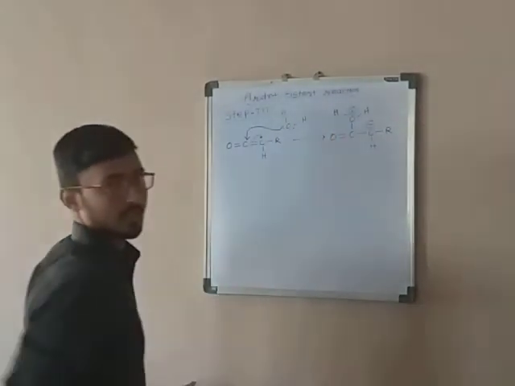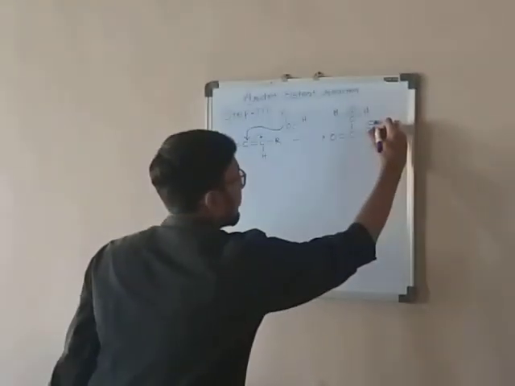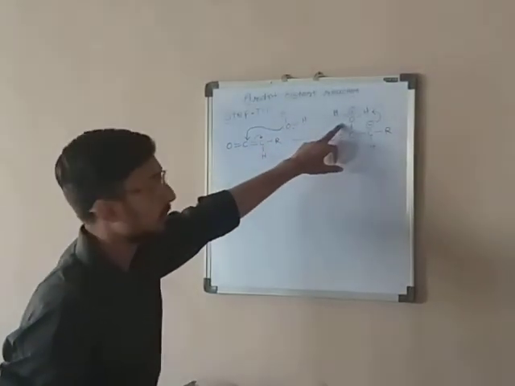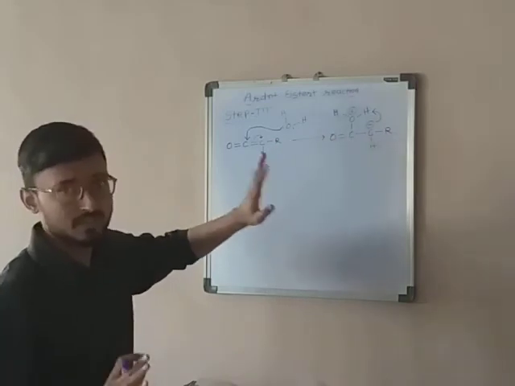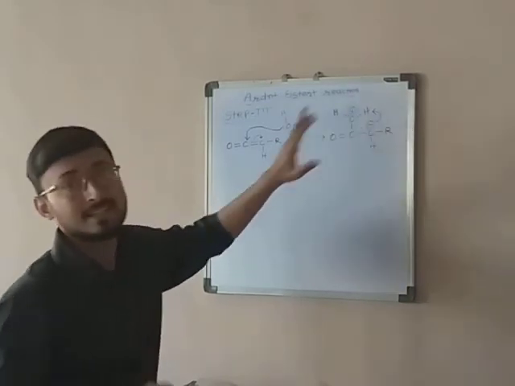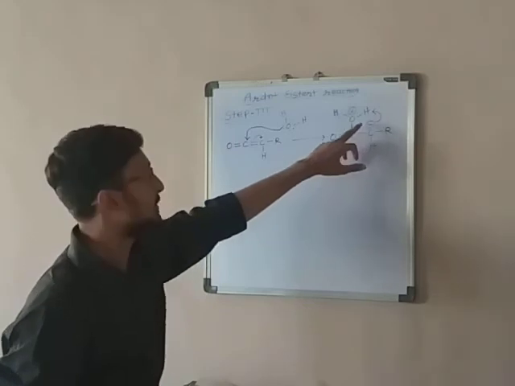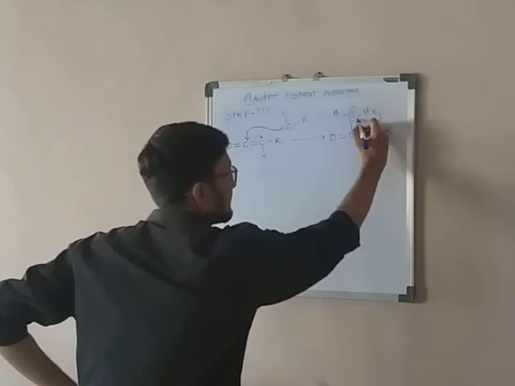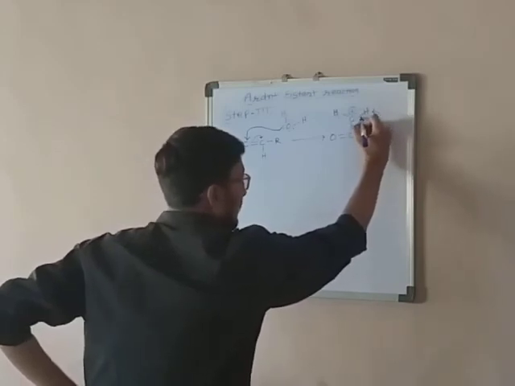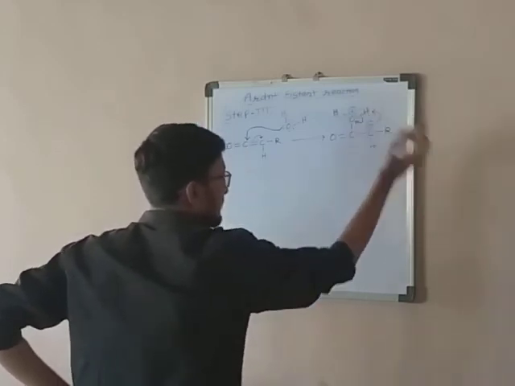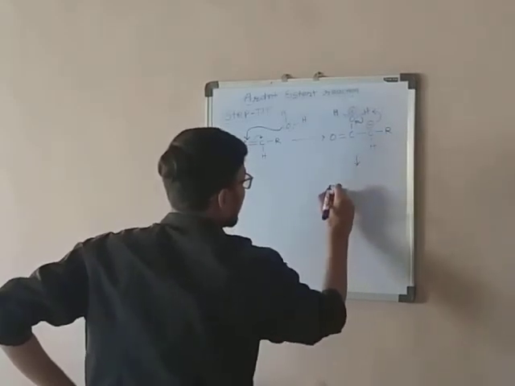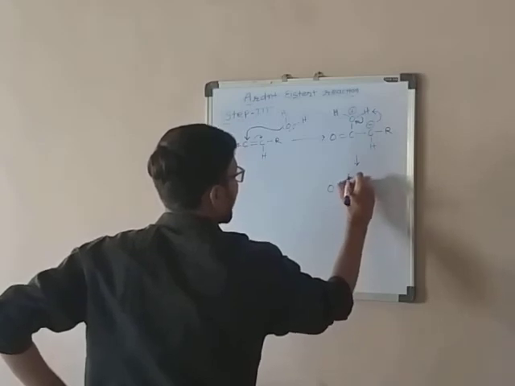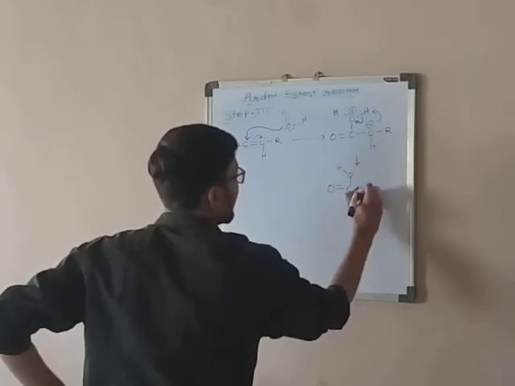This negatively charged carbon atom will attack the vicinal hydrogen atom, right? It is not strictly vicinal, but the hydrogen atom is in the vicinity of that carbon atom. So this will attack this hydrogen atom, and the electrons of this particular bond will get shifted to this oxygen atom. So what we will basically obtain is this compound, right?